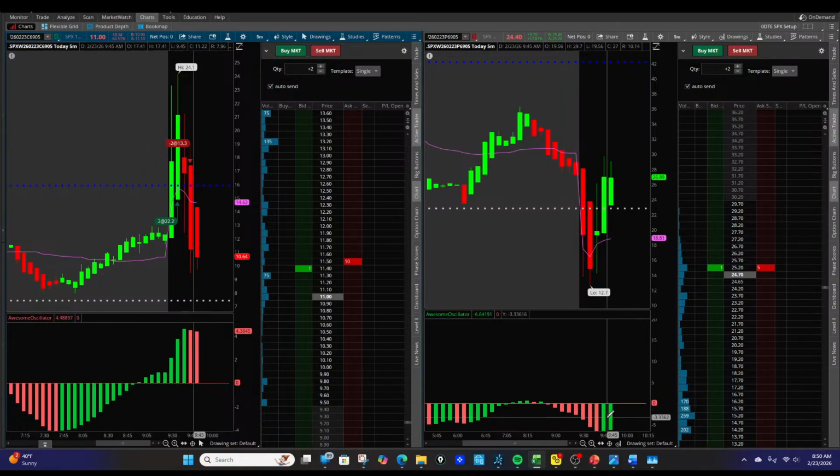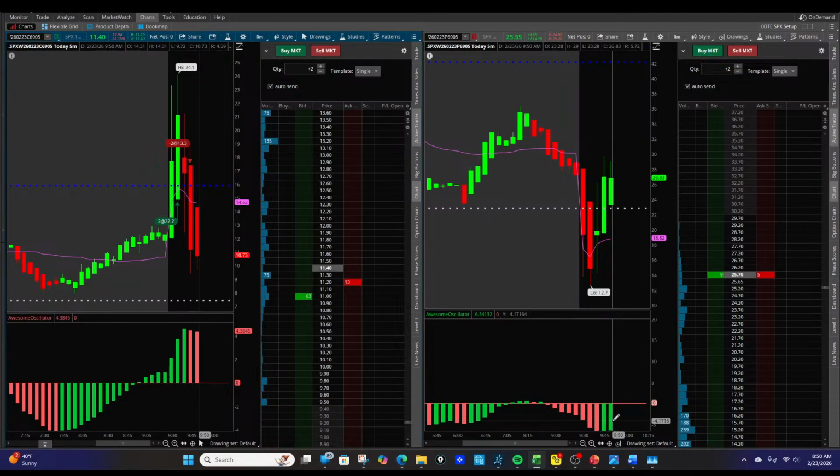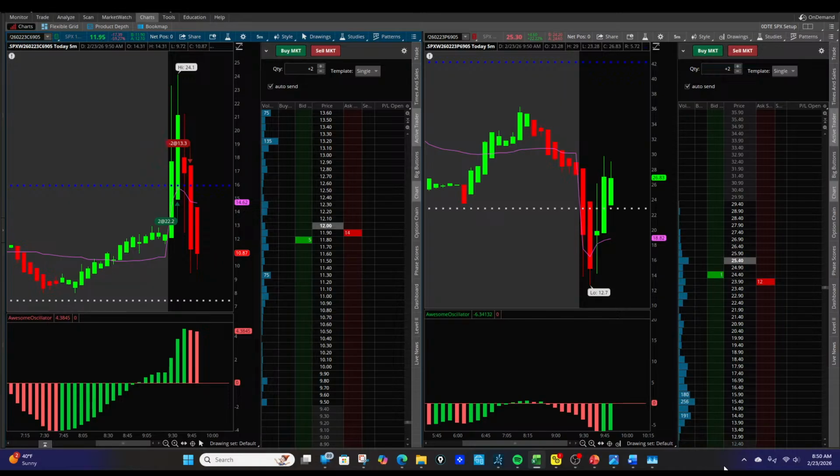Now we do have our green bars here at the bottom, but I'm still not happy with this one. I got to see kind of where it's going.